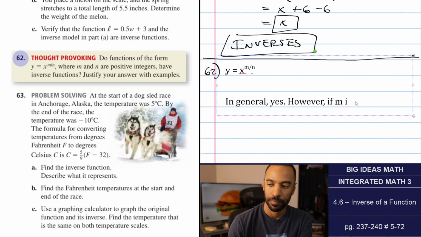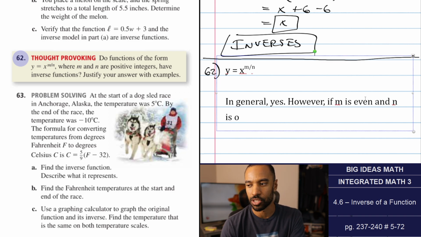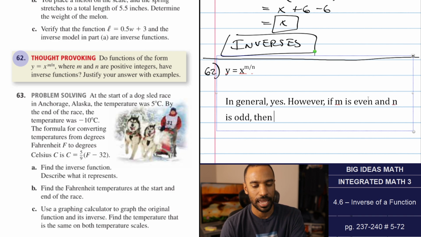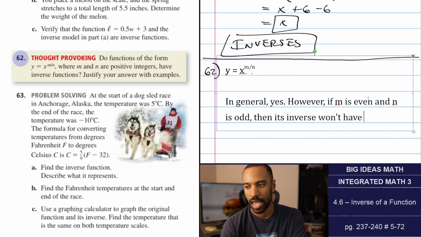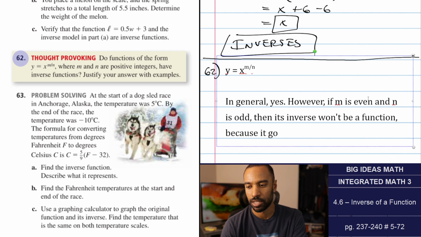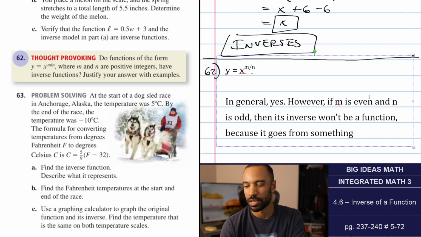If m is even and n is odd, then its inverse won't be a function, because it would fail a horizontal line test.